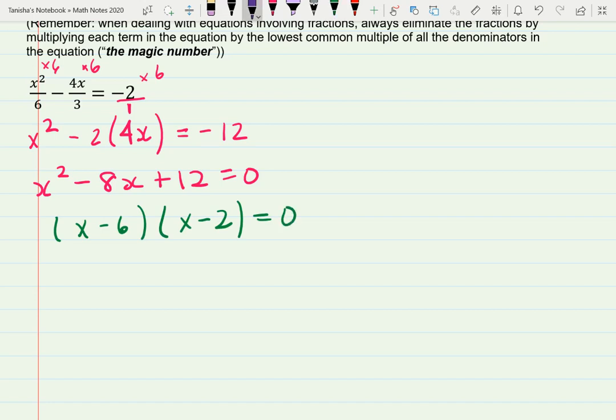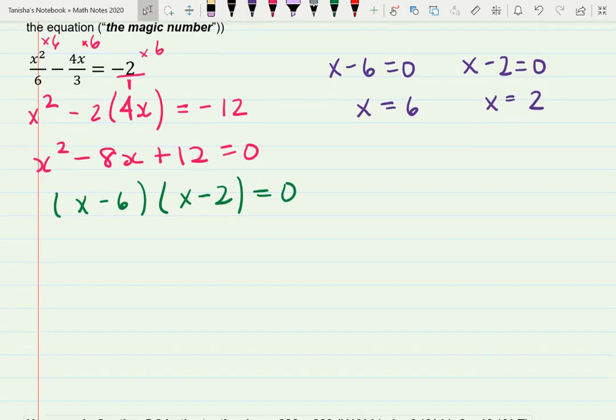And then solving each individual factor set equal to 0, we get x equals 6 and x equals 2. Easy breezy, even with fractions. So that is how we solve quadratic equations using the factoring method.